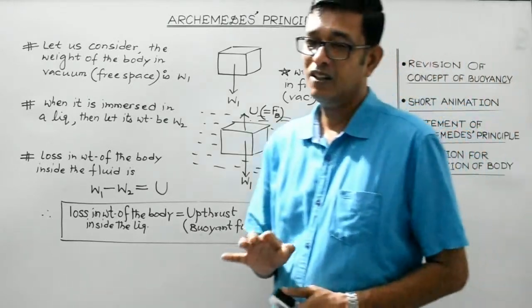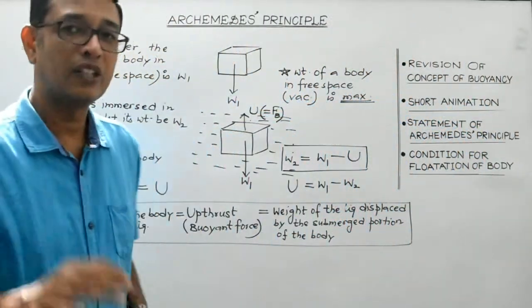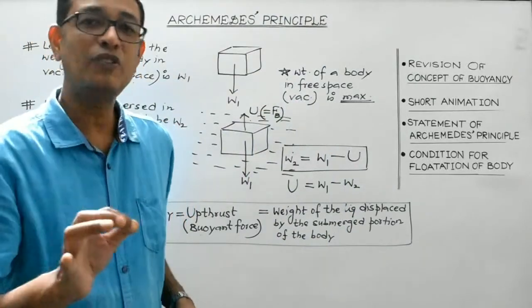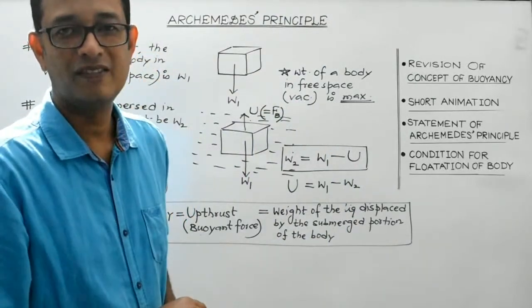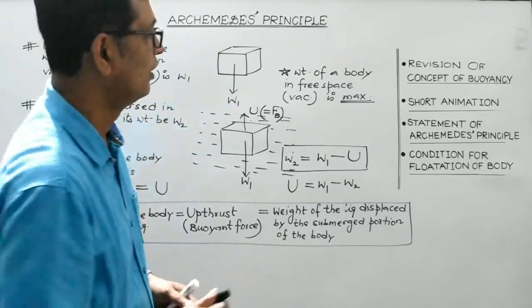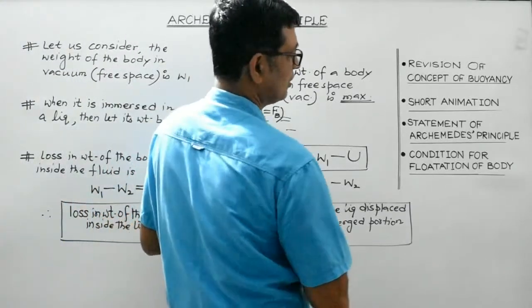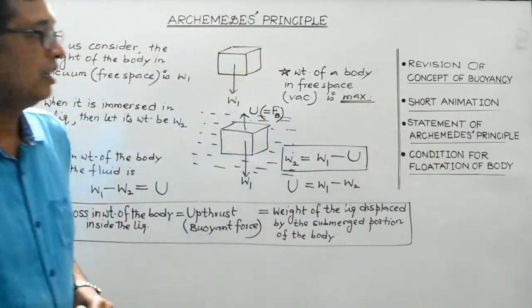So I hope now you will be easily able to remember the exact statement of Archimedes Principle. Am I clear, students? So we are over with the statement of Archimedes Principle.